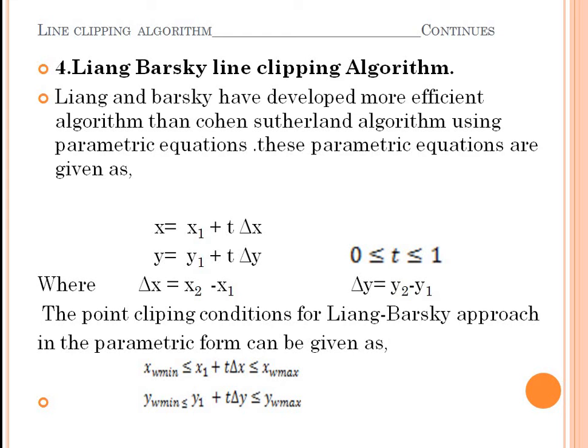In point clipping there are two inequalities: xw minimum is less than or equal to x is less than or equal to xw maximum, and yw minimum is less than or equal to y is less than or equal to yw maximum. Here we replace x and y with x1 plus t into delta x and y1 plus t into delta y.